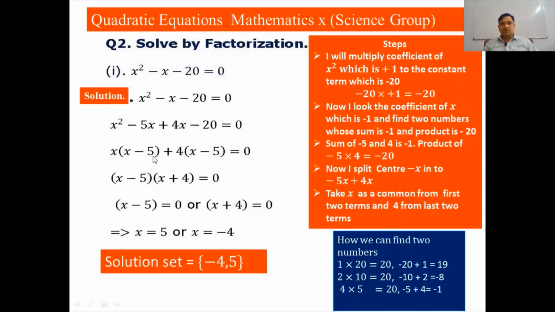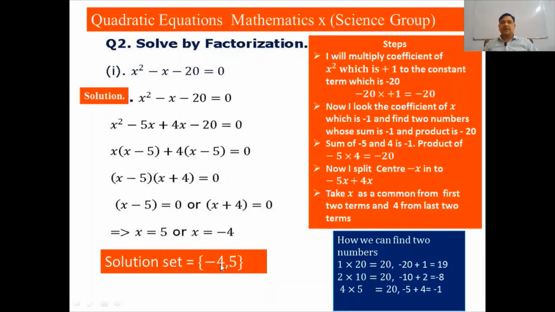These two terms must be the same. So take x minus 5 as common, and we are left with x plus 4 equal to 0. The product of these two factors is equal to 0. It means x minus 5 is equal to 0 or x plus 4 is equal to 0. If x minus 5 is equal to 0, then x is equal to 5, and if x plus 4 is equal to 0, x is equal to minus 4.